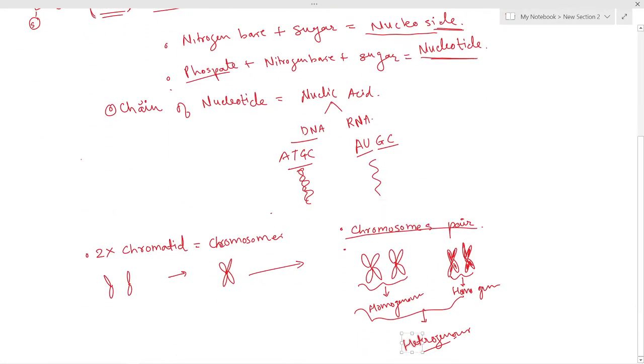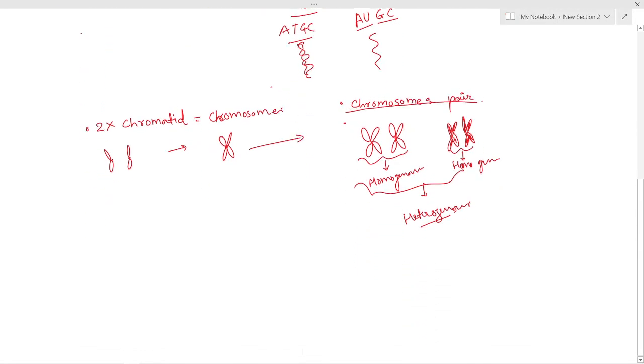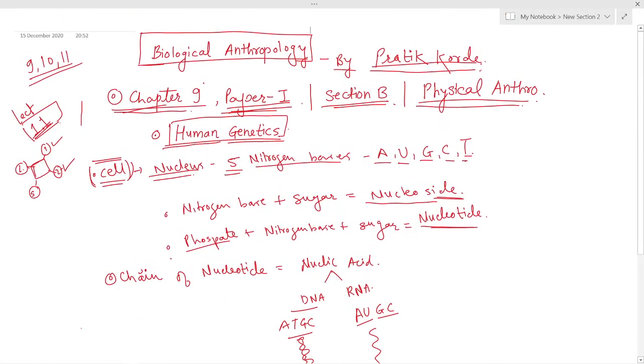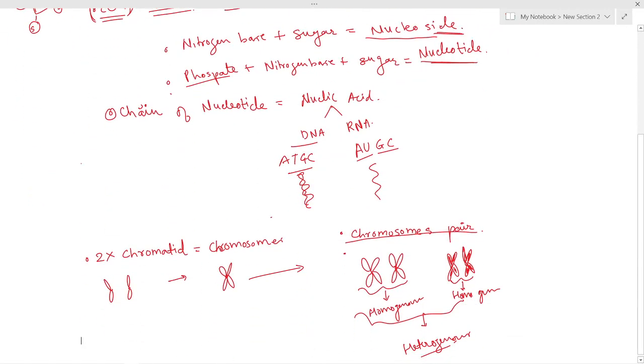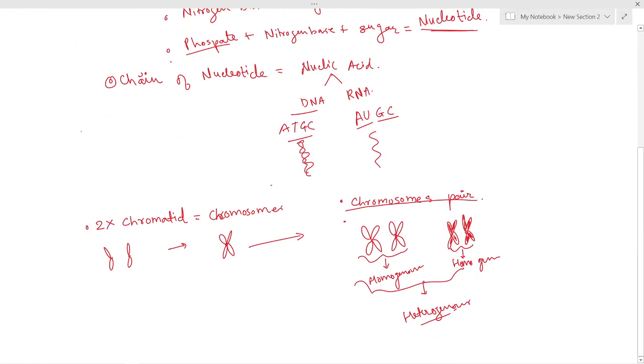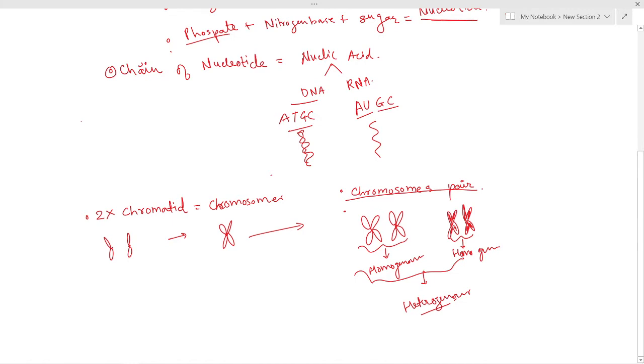When there is a chain of nucleotides, it becomes a nucleic acid. There are two types of nucleic acid. The first is DNA, the second is RNA.